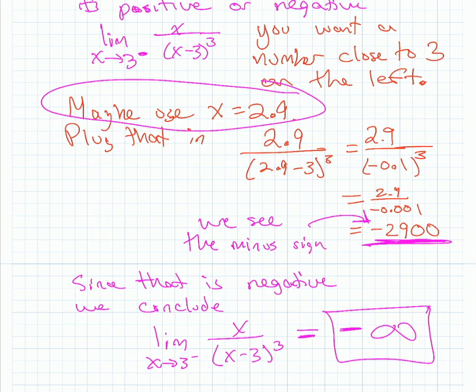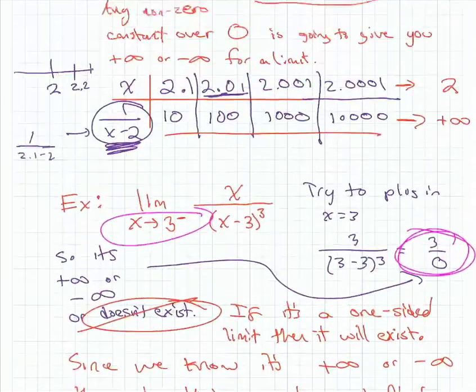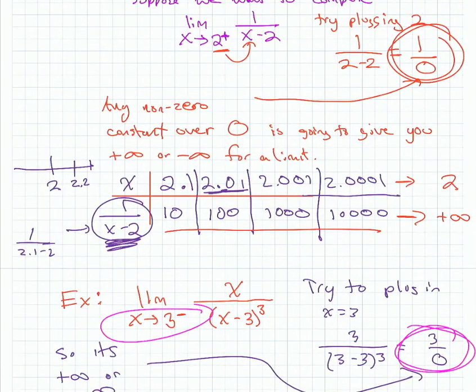That's it. Basically what we're doing is, if you go back to where the table is, when we did this problem with the table, we plugged in 2.1, 2.01, 2.001, 2.0001. Think about this. If you already knew that it was either plus infinity or minus infinity, would you need all those numbers in the table to tell you whether it was plus or minus? You wouldn't, right?